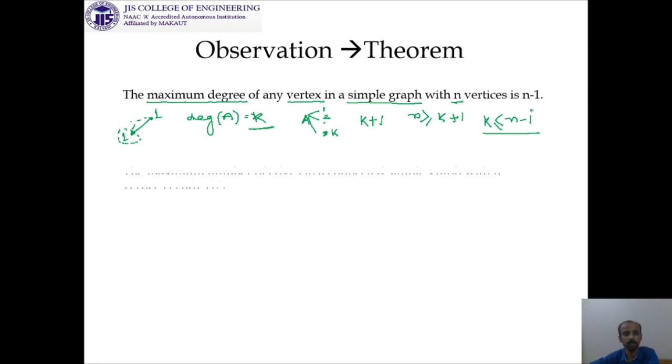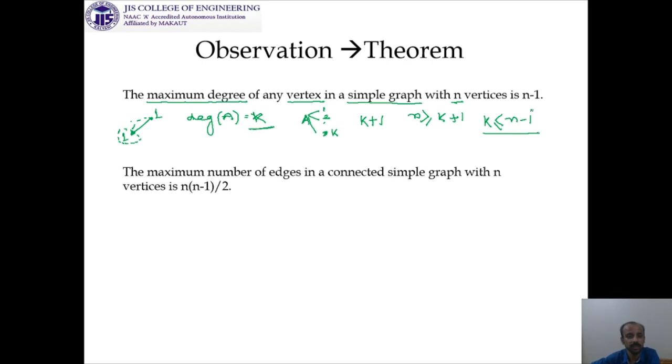Okay. So moving forward, we are getting another piece of information, that the maximum number of edges in a connected simple graph with n vertices is n into n minus 1 by 2. That is the maximum number of edges. So what is the concept actually?